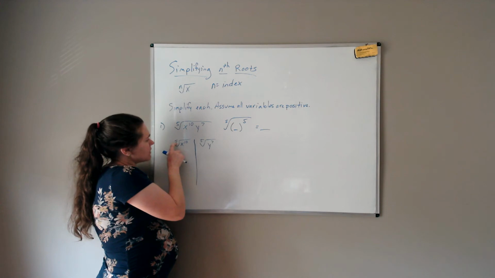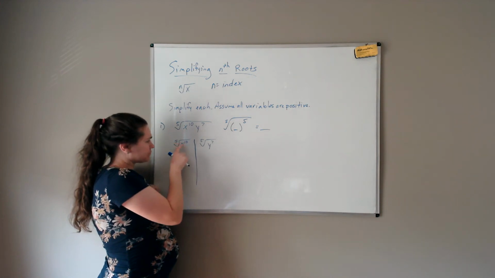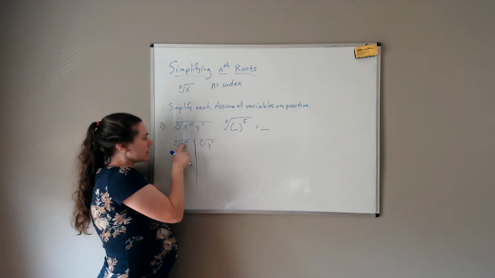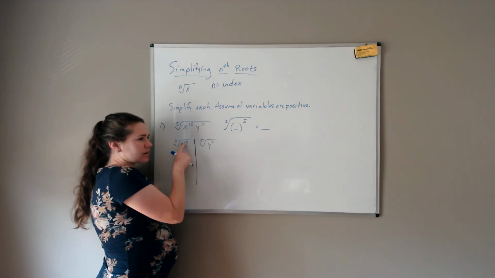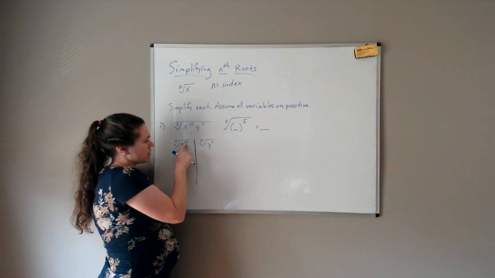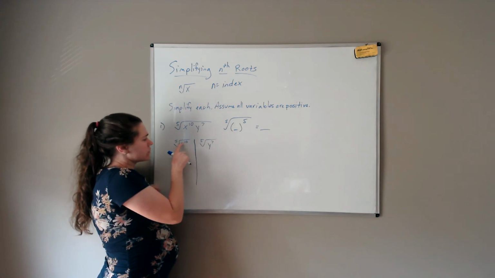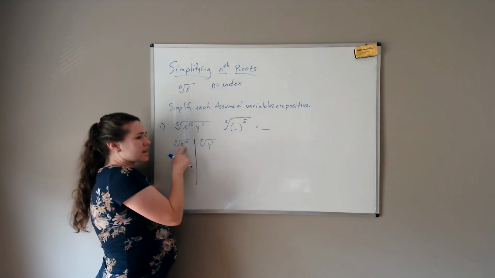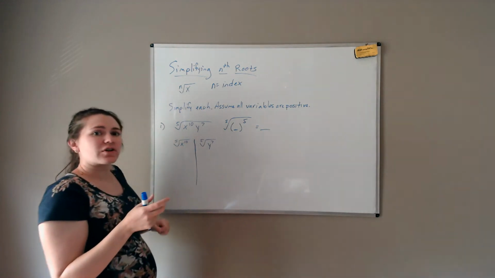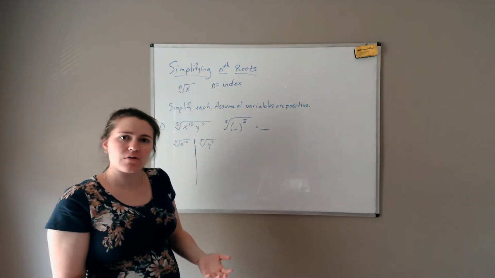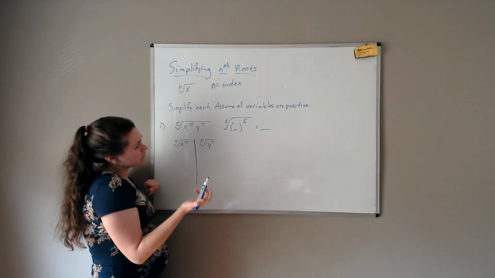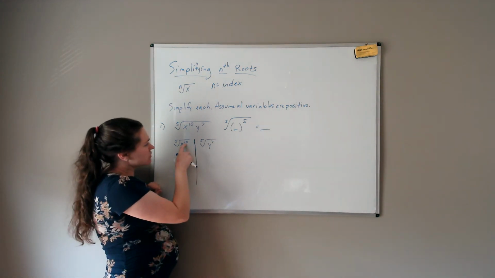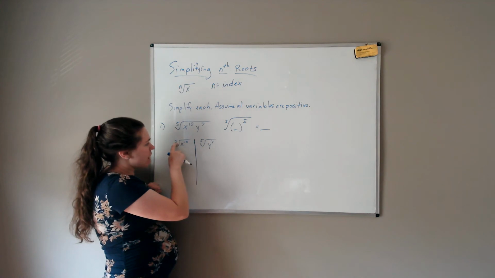So this is how you think about it. If the index is smaller than the exponent, then it can be simplified. In other words, if the exponent is greater than or equal to the index, it can be simplified. Now, you have to figure out, does it simplify perfectly, or will there be leftover factors? To figure that out, you take this number and ask, is this a multiple of 5?